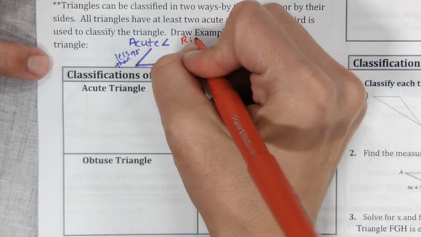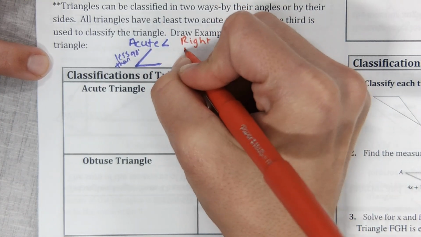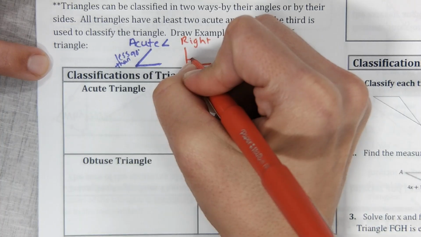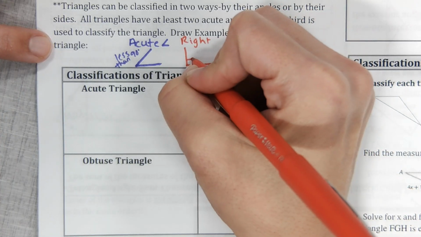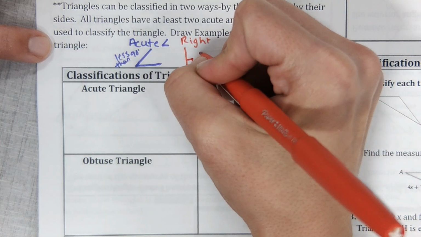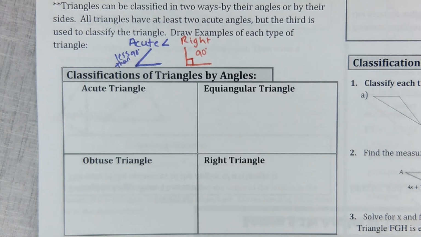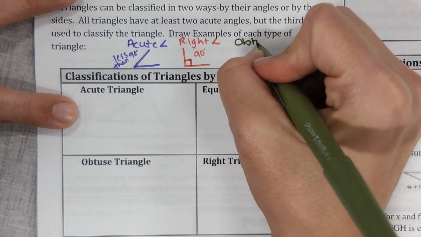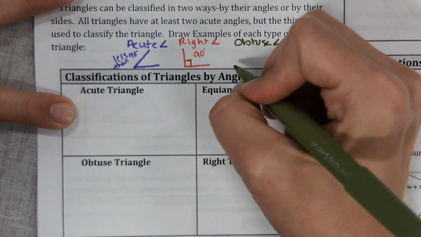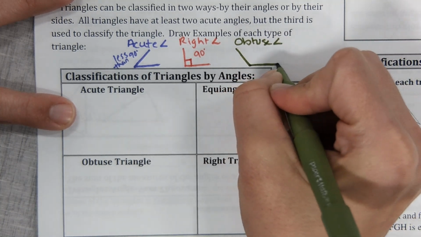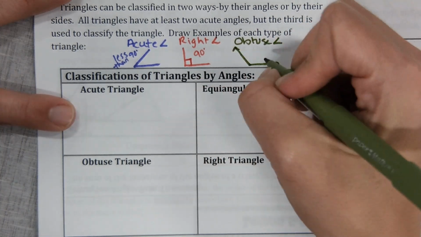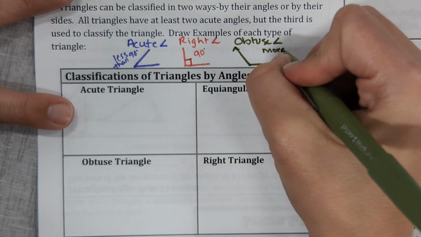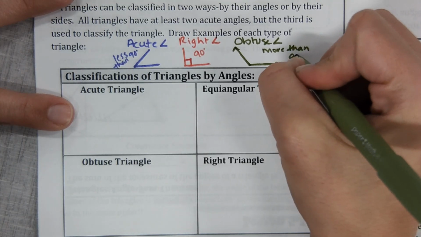Then a right angle is an angle like this, and it's 90 degrees. And then an obtuse angle is like this, and it's more than 90 degrees.